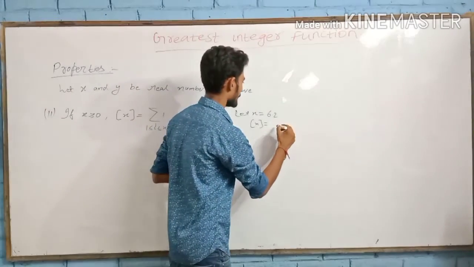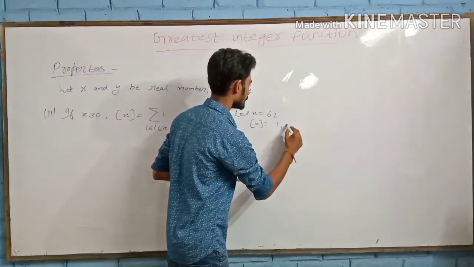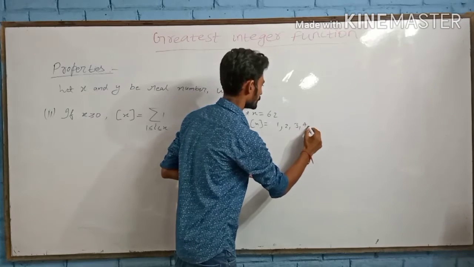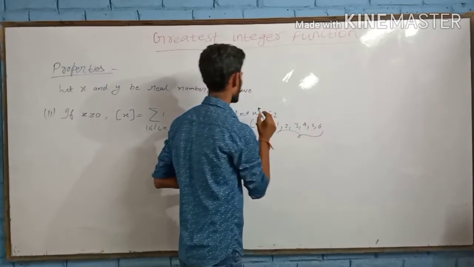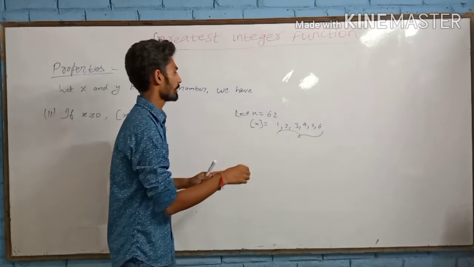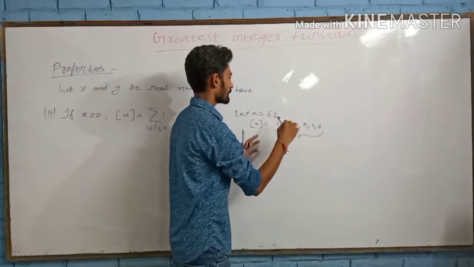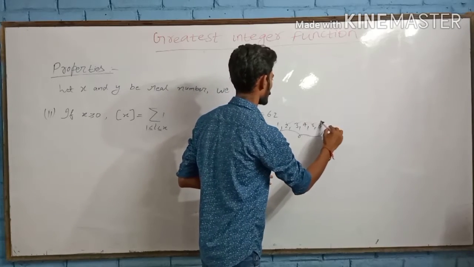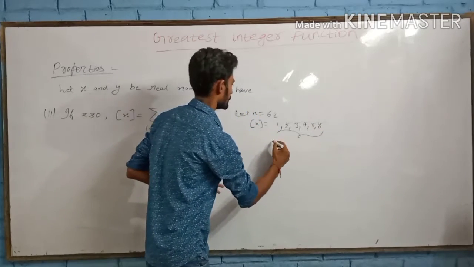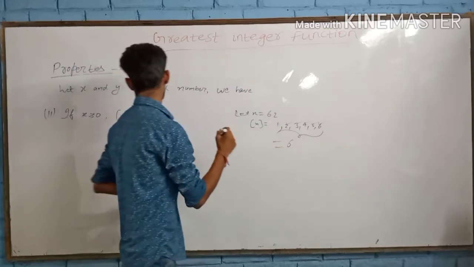So let's write the integers here: 1, 2, 3, 4, 5, 6. These integers lie between 1 and 6.2. So we have to count these integers. So this is 1, 2, 3, 4, 5 and 6. So this value is 6.